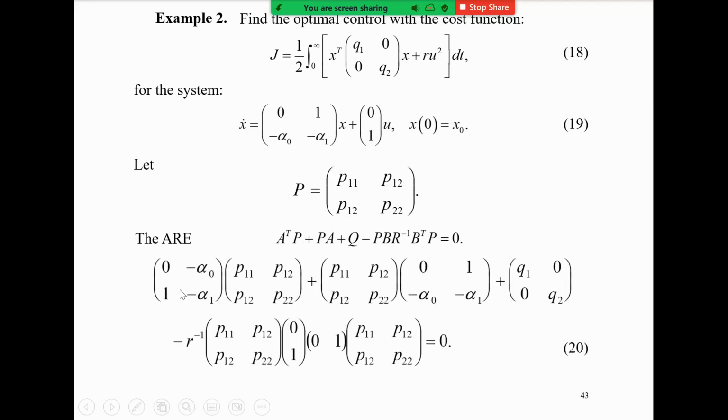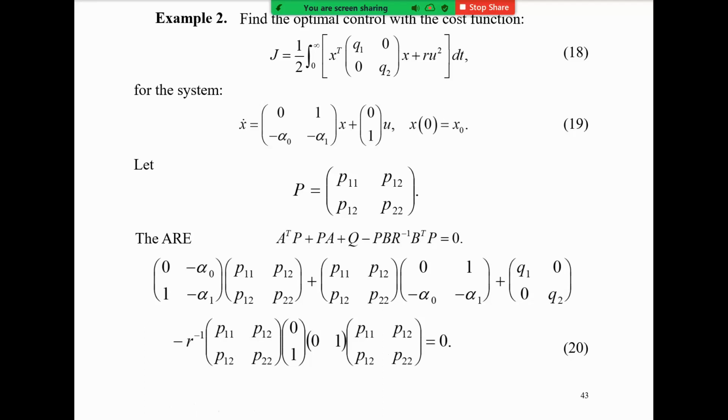So this is A transpose, this is P, this is P, this is A, this is Q, and R is a scalar, so I've just put it here. This is B, which is 0, 1, 0, 1, and then this is the P. But we know those are the quadratic terms there.